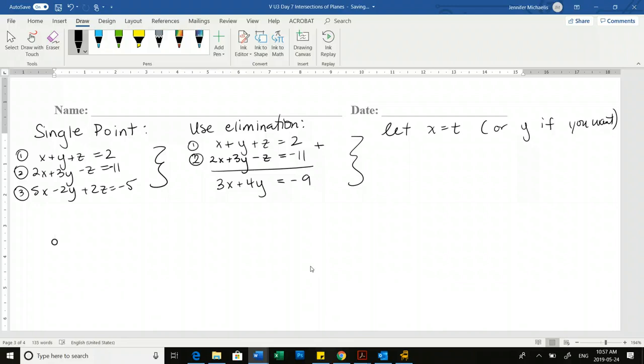And we're going to solve for y in terms of x being t. So if I use this equation here, and I sub in t for x, and then I want to isolate for y here. Similar to what we did with our two planes on the first page. And then I'll divide out the 4. So it'll be 9 over 4 minus 3 over 4 t.